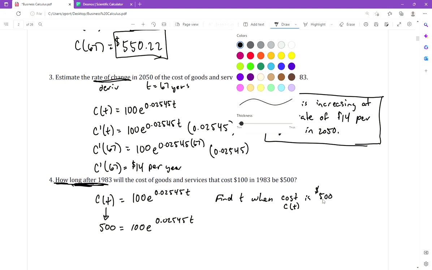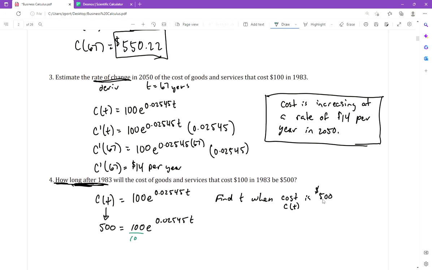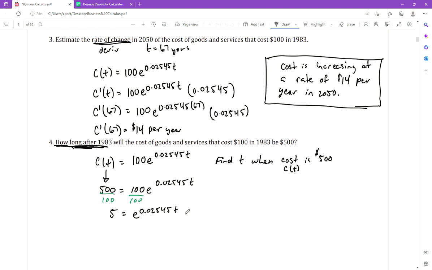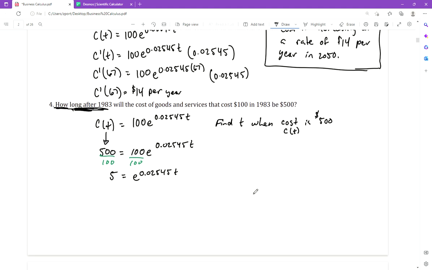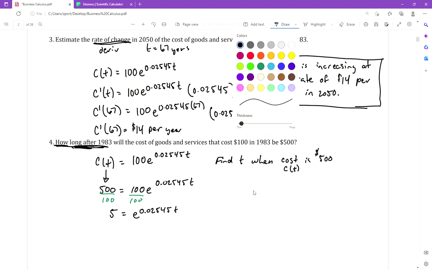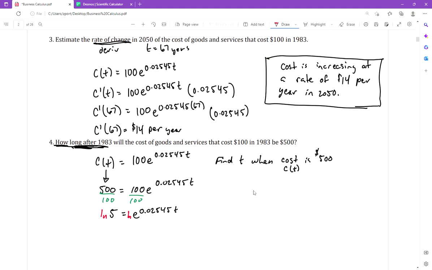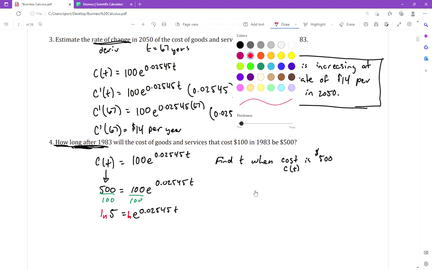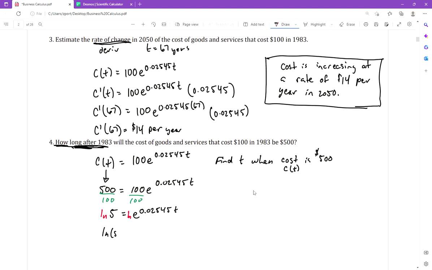Well, the very first step would be to divide by 100, which gives us 5 equals e to the 0.02545 t. Okay, so we saw this on step 1. What we're trying to do is solve for something in the exponent, in the power. So that means we need to introduce an ln. Okay, so I'm just going to throw in ln right there and there, which means the left-hand side is just ln of 5.